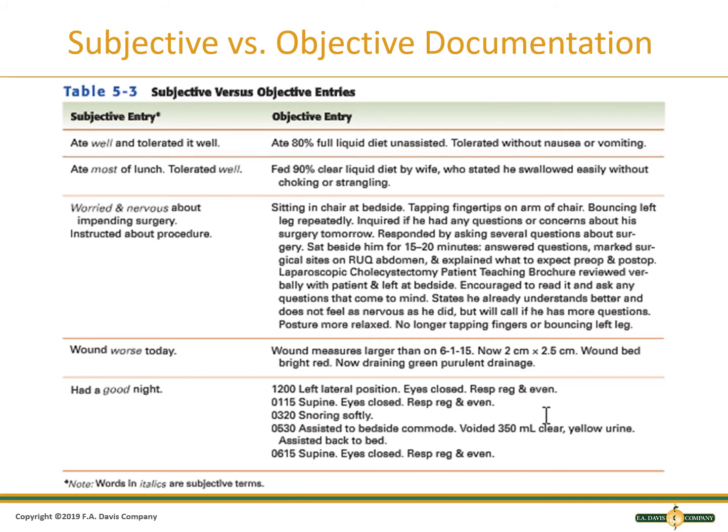Well, what does well mean? Define that. Objective: "Patient ate 80% of the full liquid diet." So they told us what they were eating too. The subjective one didn't say what type of diet it was. "Tolerated it without nausea or vomiting."